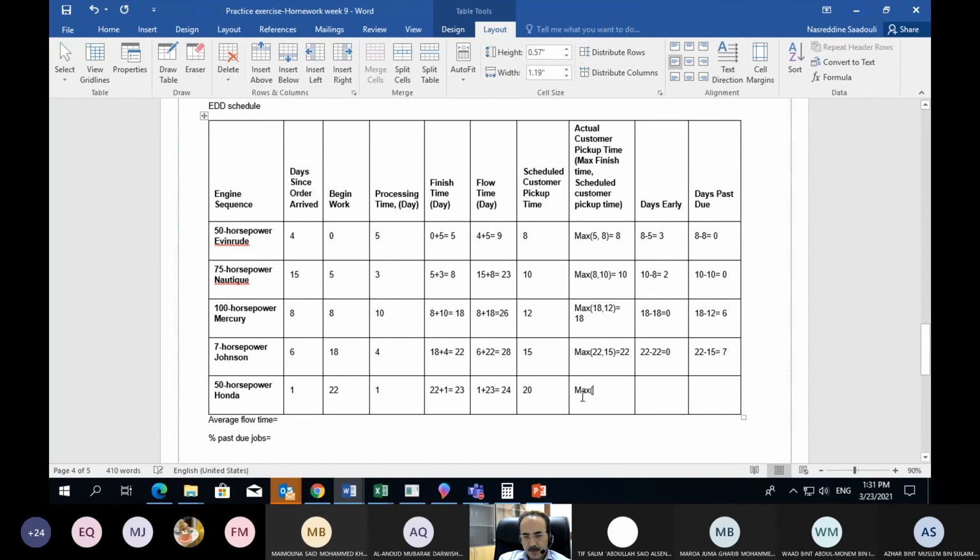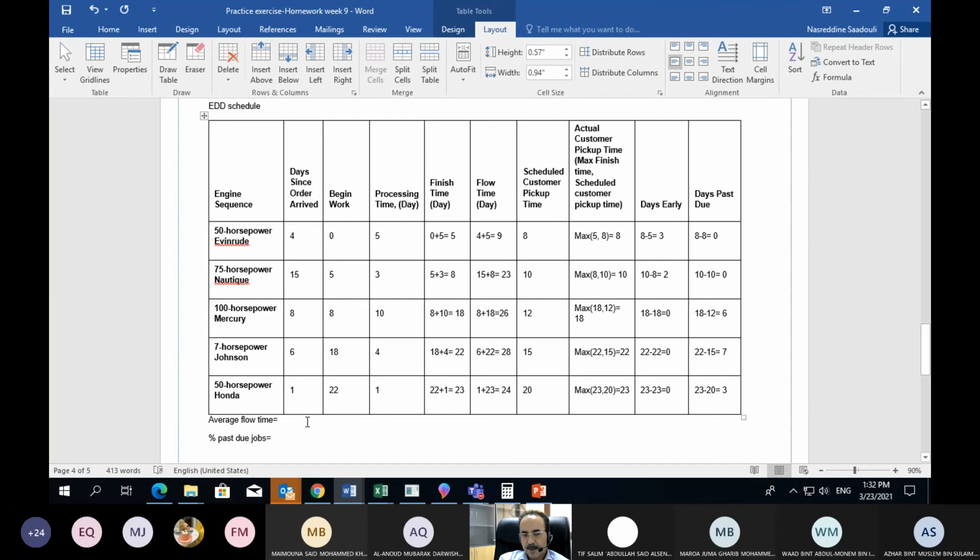The maximum of 23 and the promised 20, so this job is also late. Therefore, the days early must be 0. And it is, 23 minus 23 is 0. And for the past due, it's 3 days past due, 23 minus 20.